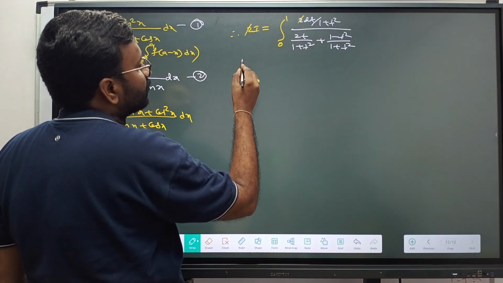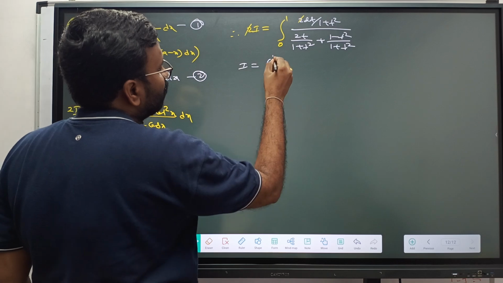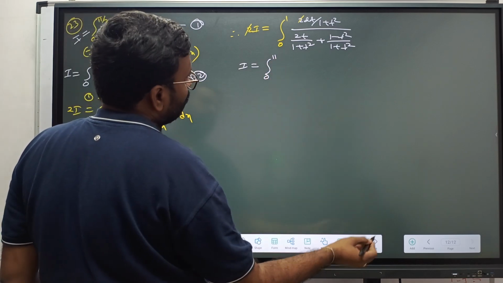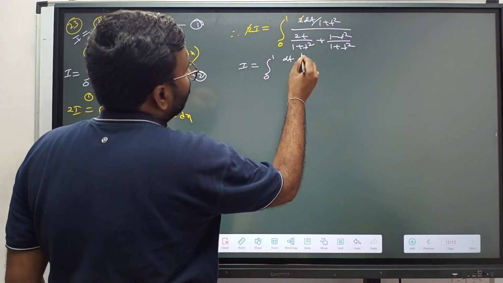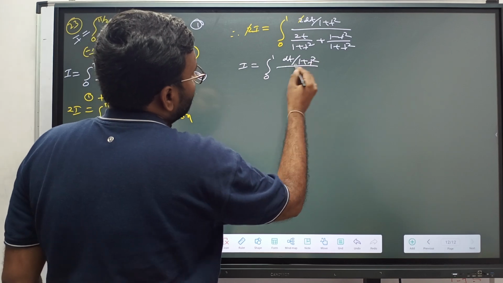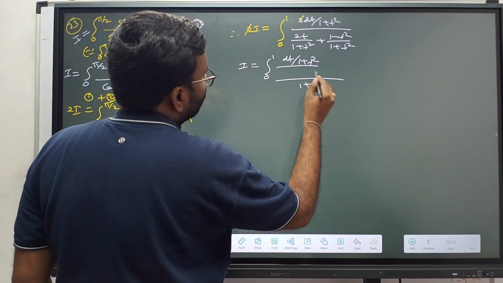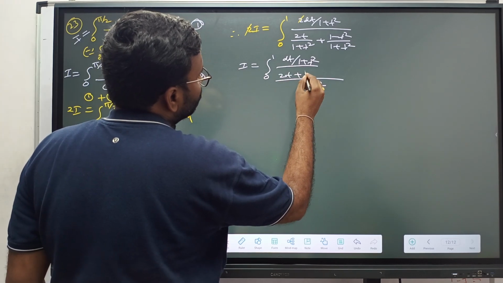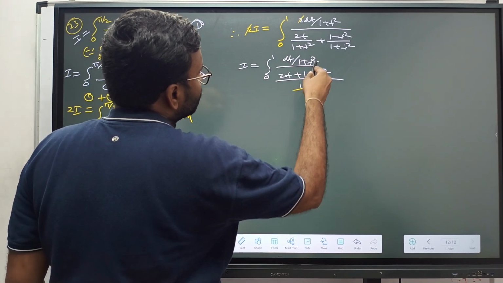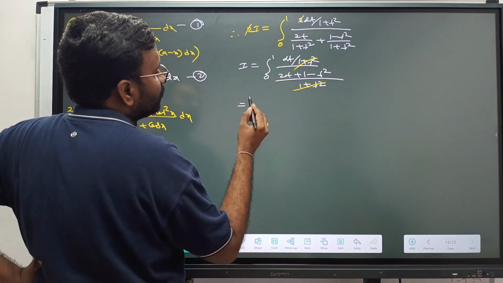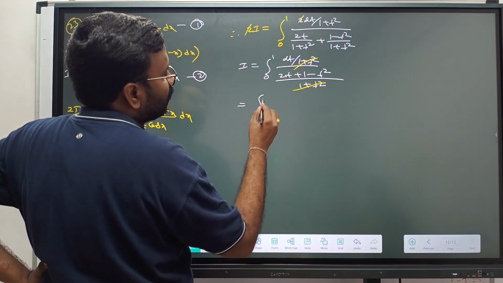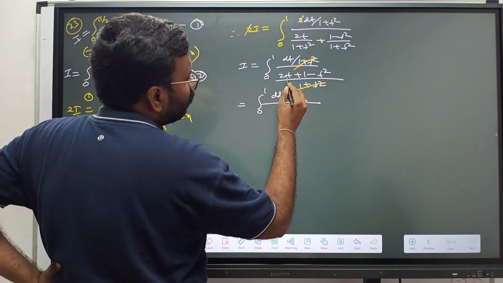This 1 plus t square cancels, so I is equal to integral 0 to 1 dt by, taking LCM, 1 plus t square, numerators will be added: 2t plus 1 minus t square. So I is equal to integral 0 to 1 dt by 2t plus 1 minus t square.